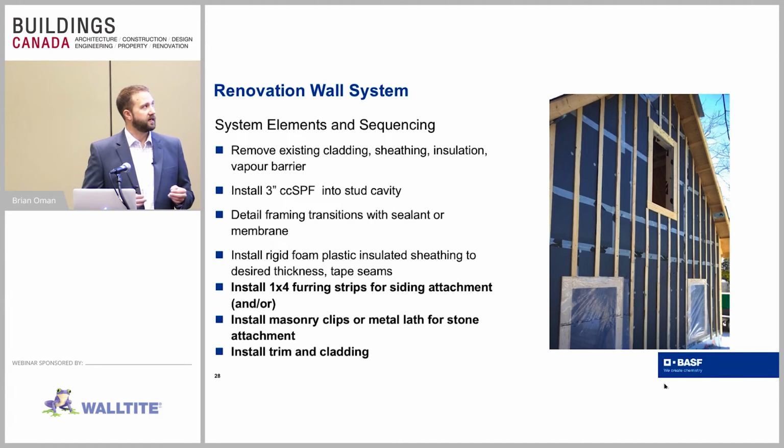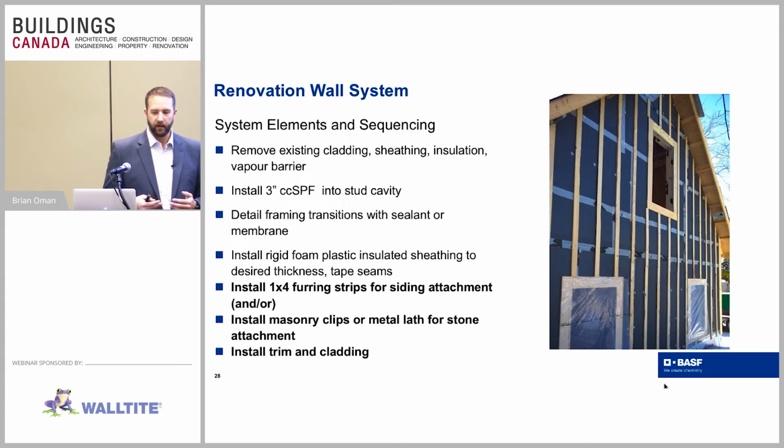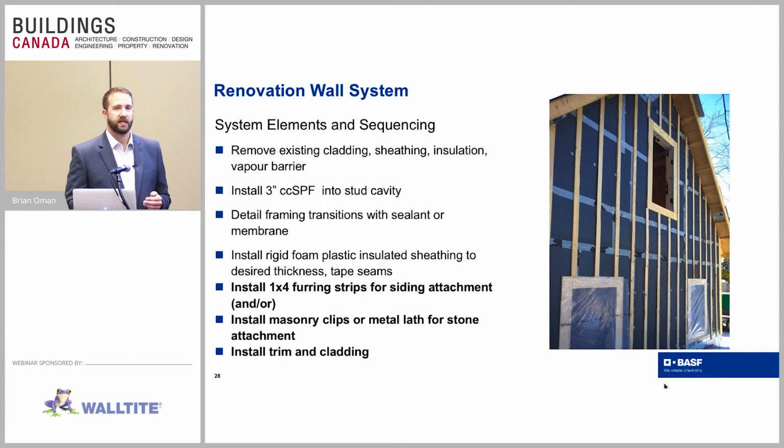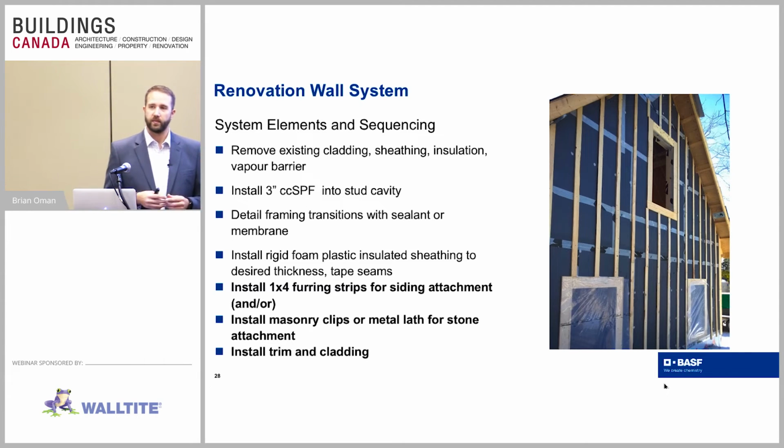So once our seams are taped up or our weather barrier is put into place, obviously we're going to need something to attach our cladding system to. The most common one is probably going to be like a 1x4 furring strip attached directly to the framing members. Pretty easy to do because of the fact that when we're fastening on our sheathing, we know exactly where our studs are.